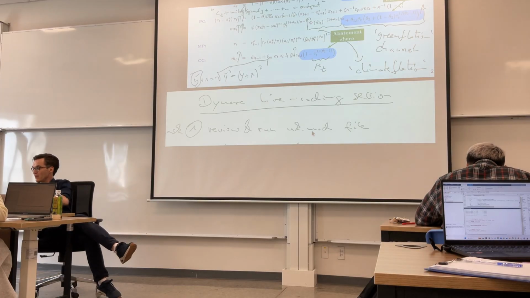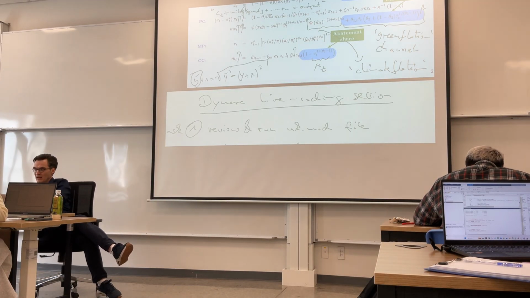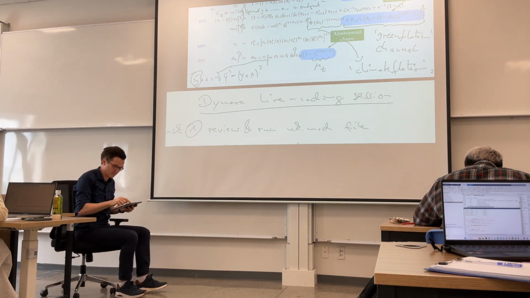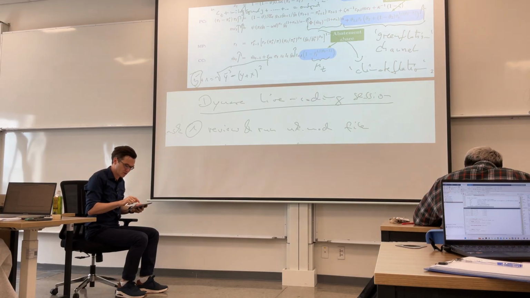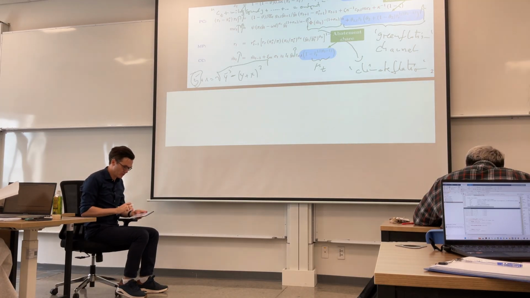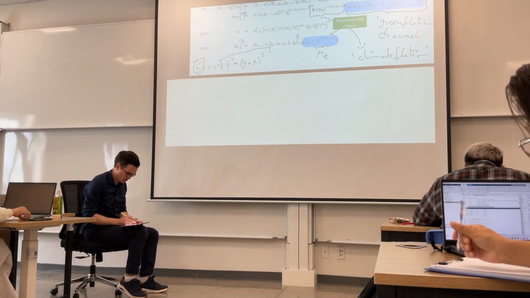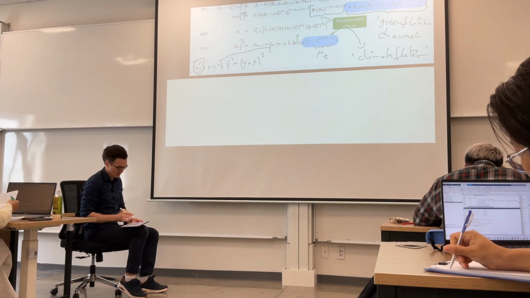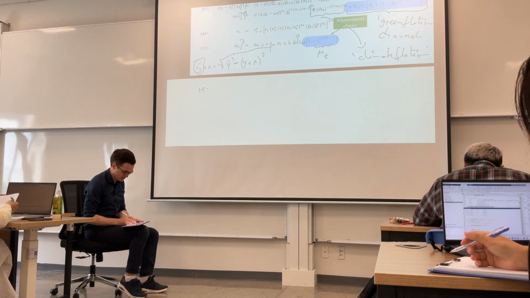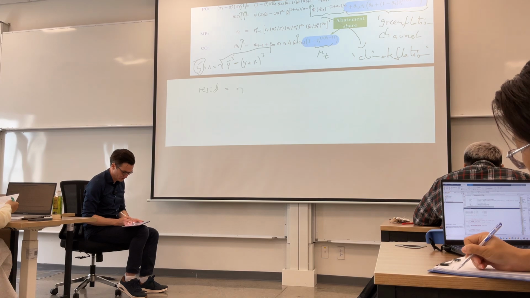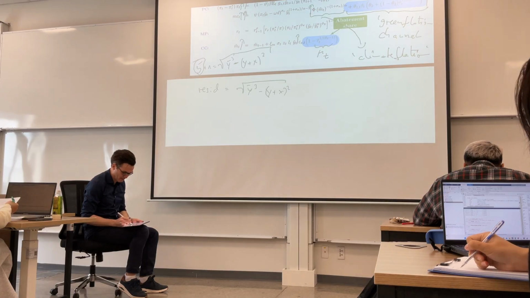So let me write this. Just make sure you're on top of that 100%. We want to solve this equation: the resid is equal to the square root of y bar cubed minus y plus x squared minus y bar minus 1.